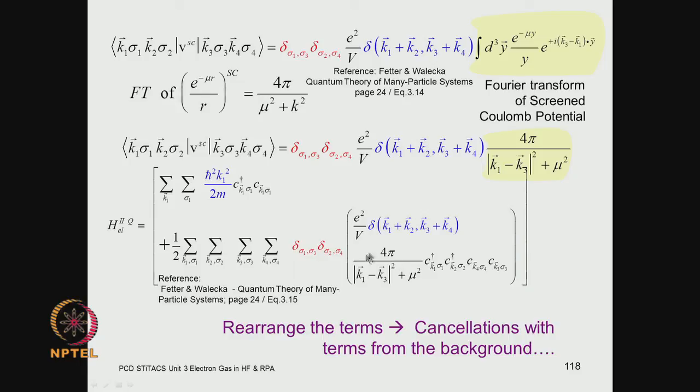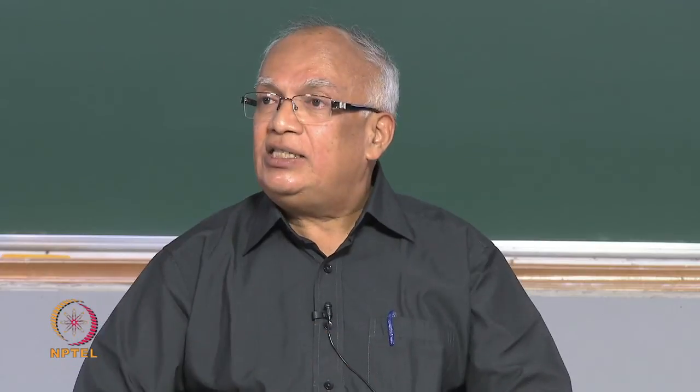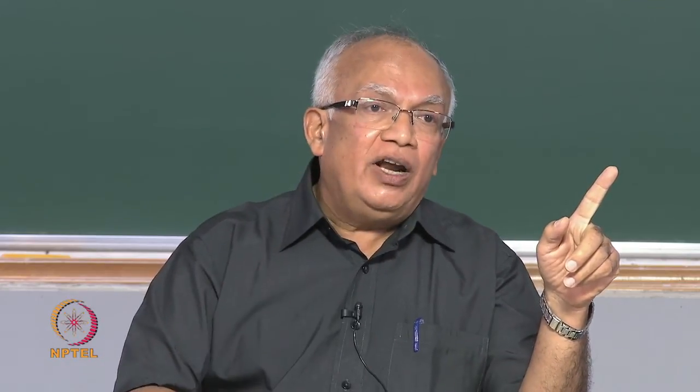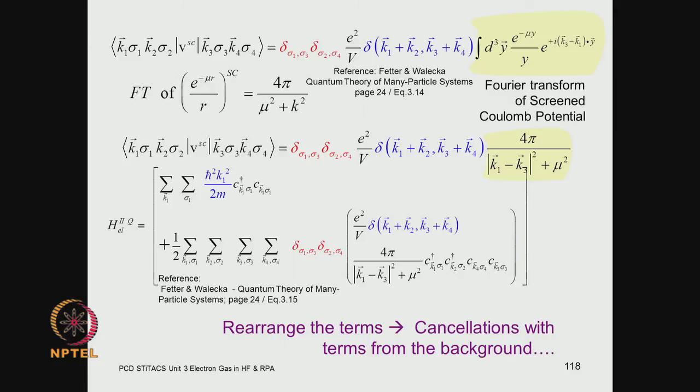Now when you deal with these, there will be certain momentum transfer, and you may be able to separate out certain terms. How much momentum is transferred? What are the terms corresponding to zero momentum transfer? What are the terms corresponding to non-zero momentum transfer? When you analyze these terms carefully, you will find that some of these terms actually cancel the 1 over mu square divergence we were getting from the background Hamiltonian and from the electron background Hamiltonian. Okay? That's something that we are going to see after rearrangement of these terms.